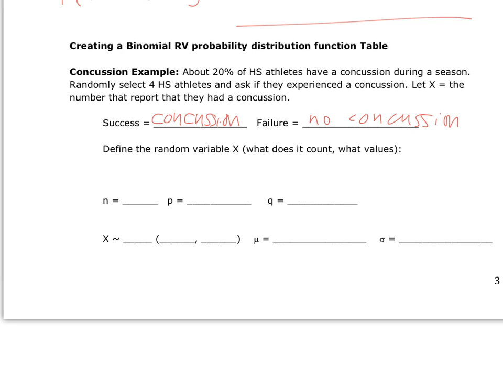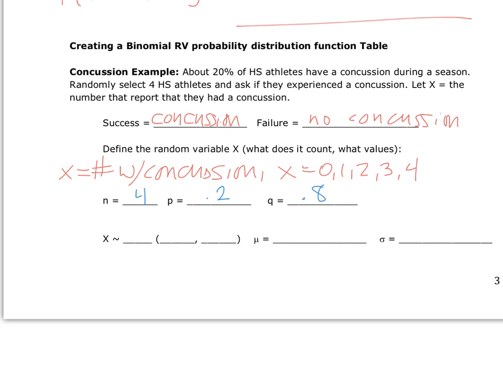All right, to define the random variable, what does it count and what values does it take on? Well, it counts the number that had a concussion, and it can take on the values 0, 1, 2, 3, 4. n is 4, p is 0.2, and then q is 1 minus that, so 0.8. The distribution is binomial with n equal to 4 and p equal to 0.2.